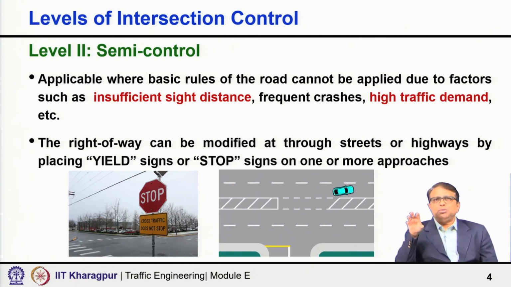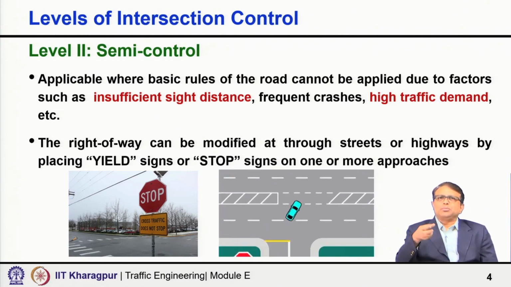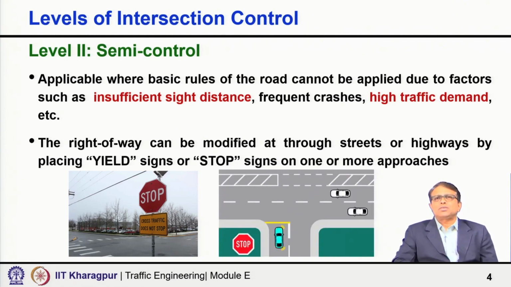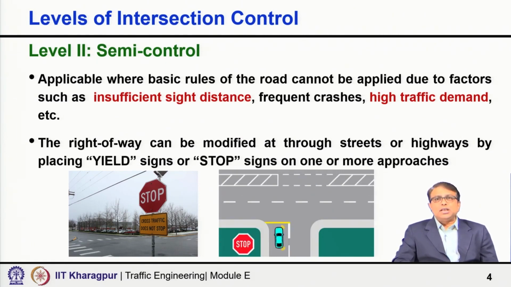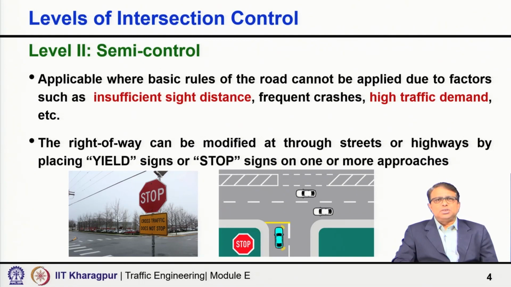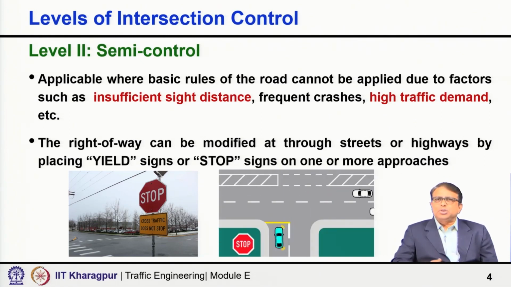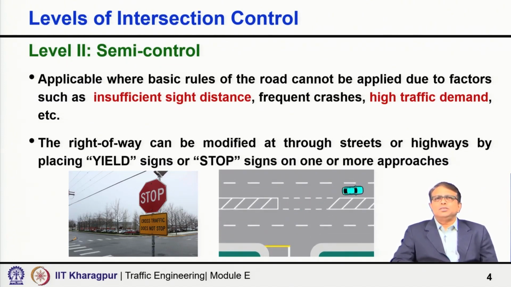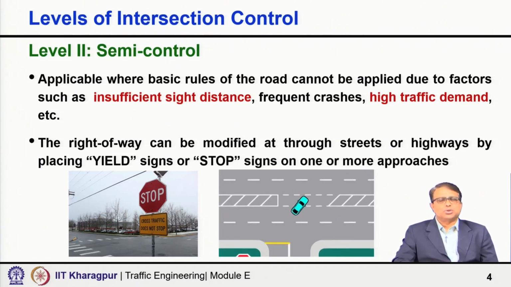You have a major road, maybe a national highway or a state highway, and traffic from the minor road is coming and trying to do the maneuver at this intersection. So, the priority here is clearly on the traffic on highways or the major roads. The traffic approaching from the minor road has to give priority to traffic movement on the major road, and the whole control is through yield sign or stop sign.